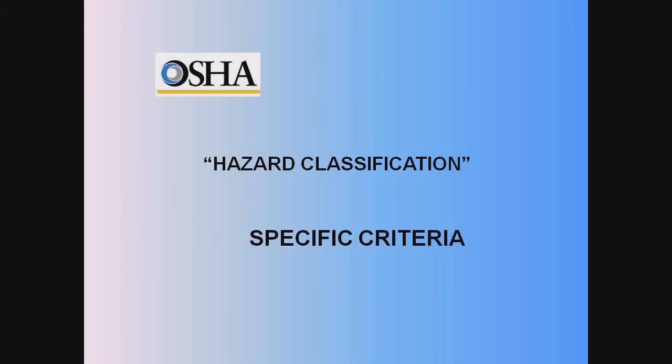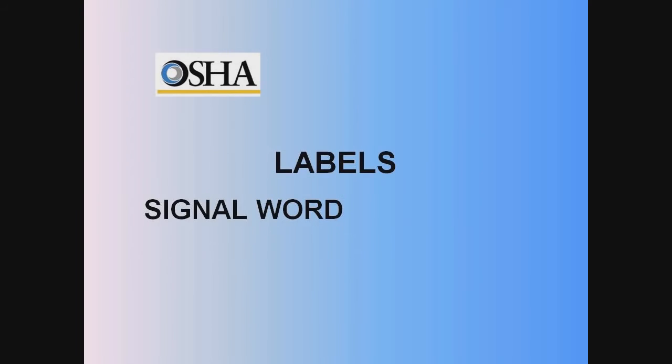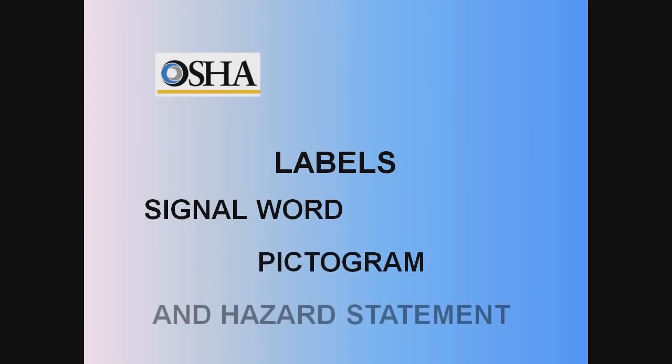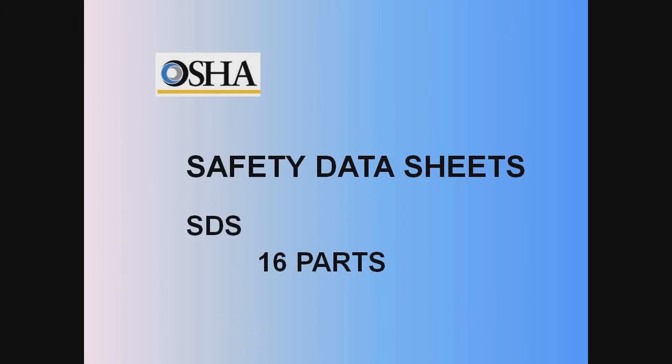Hazard classification provides specific criteria for classification of health and physical hazards, as well as classification of mixtures. Labels. Chemical manufacturers and importers will be required to provide a label that includes a harmonized signal word, pictogram, and hazard statement for each hazard class and category. Safety data sheets will now have a specified 16-section format.